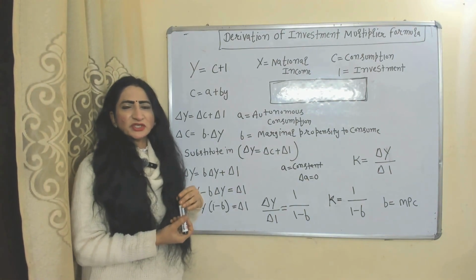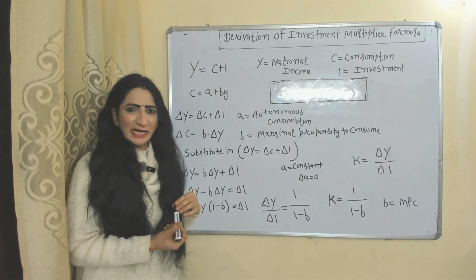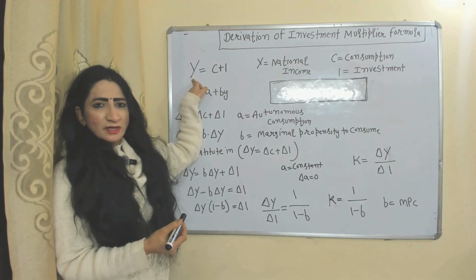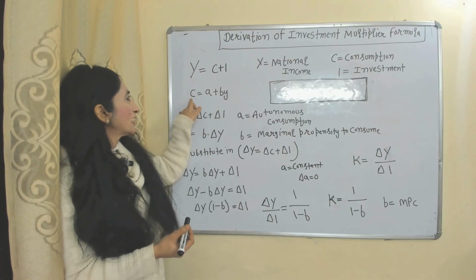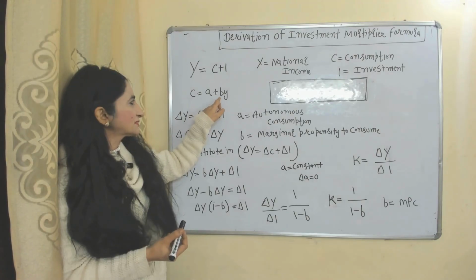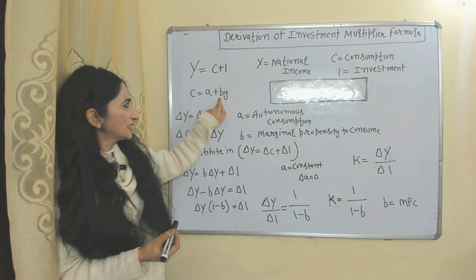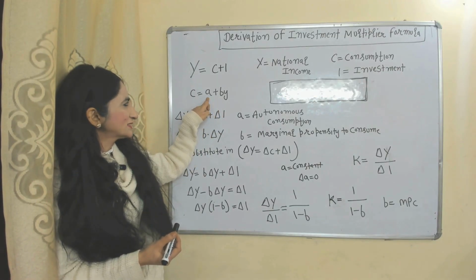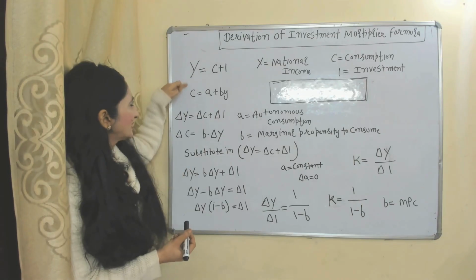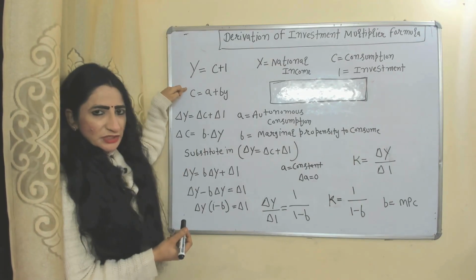Now we'll see the derivation of investment multiplier. As we know, national income equals consumption plus investment, and consumption equals A plus BY. Y is income, B is marginal propensity to consume, A is autonomous consumption. Now we will apply change on these two equations.